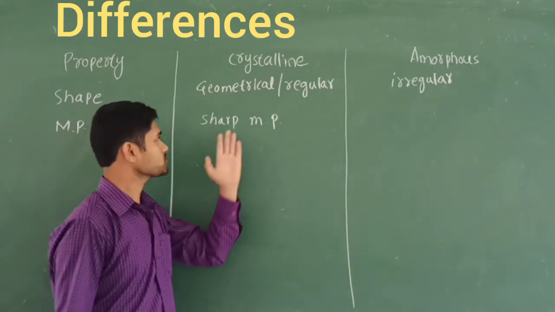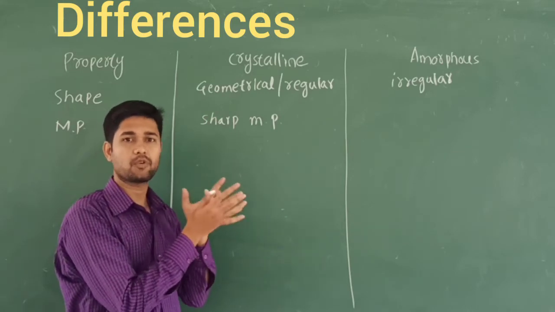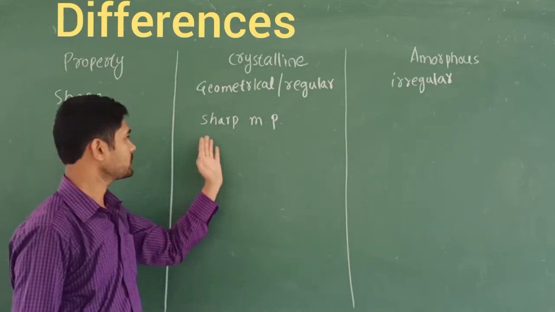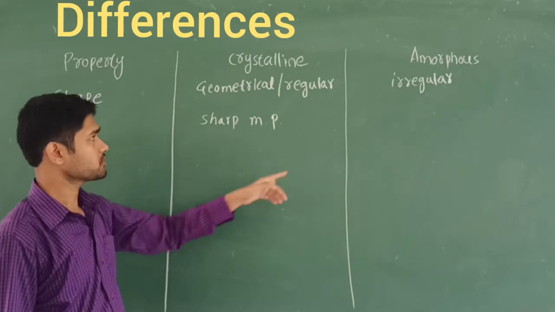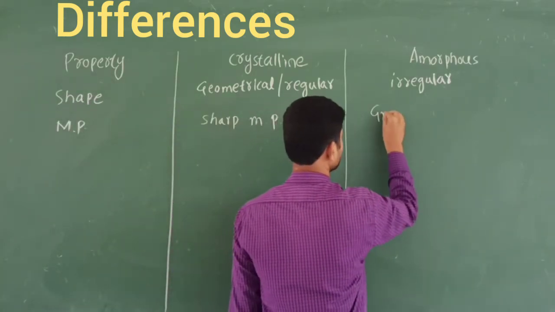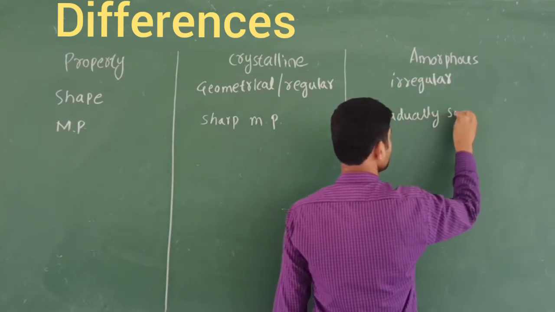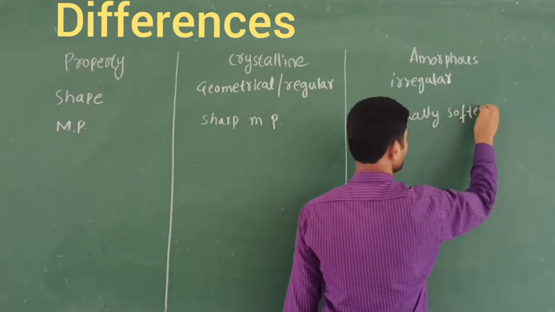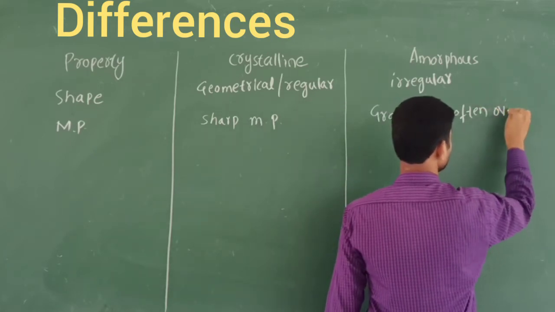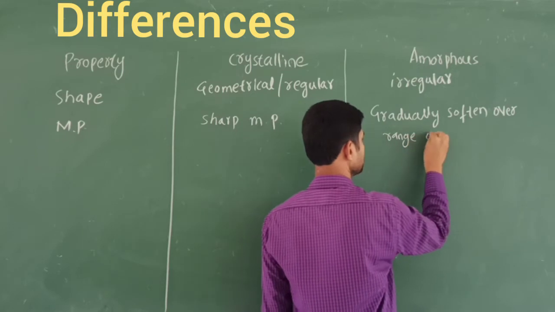Why? Because of the regular pattern of the constituent particles. That is a disciplined mode of arrangement of the particles. So they have sharp melting points. What about these amorphous solids? They will gradually soften over a range of temperature.